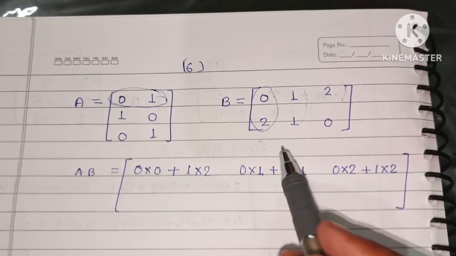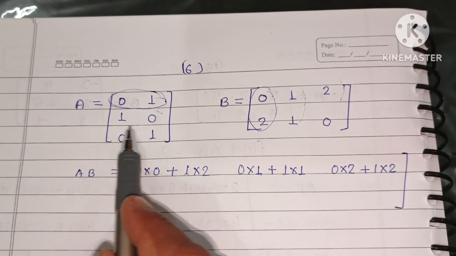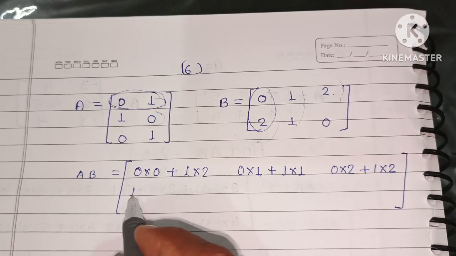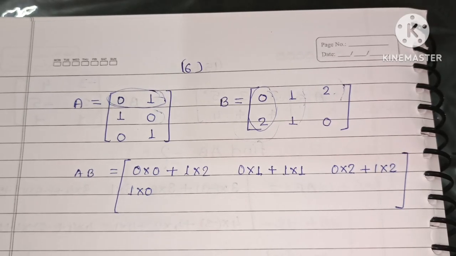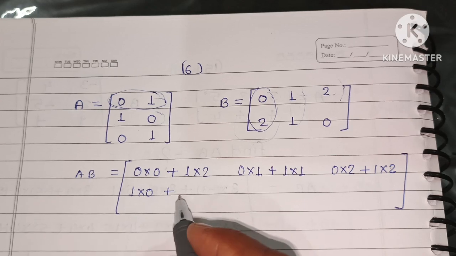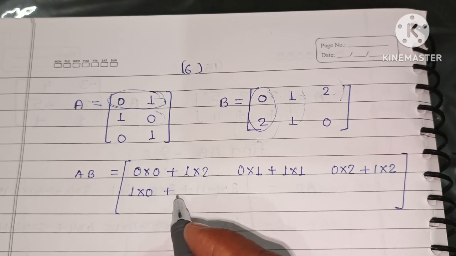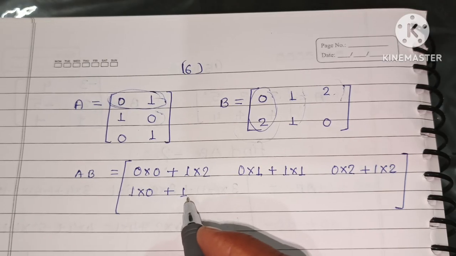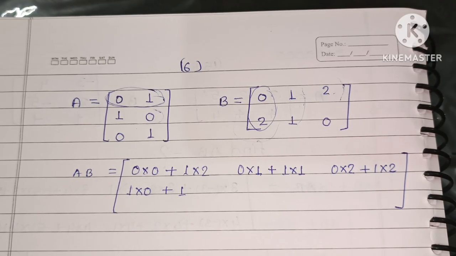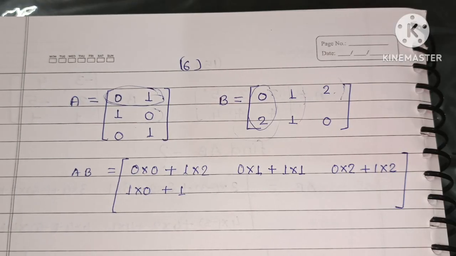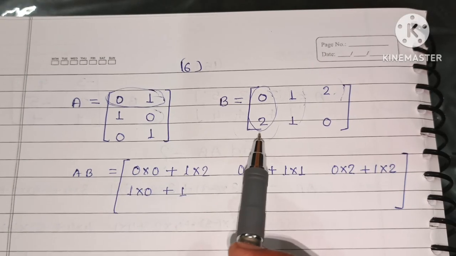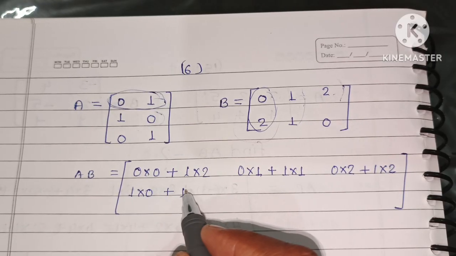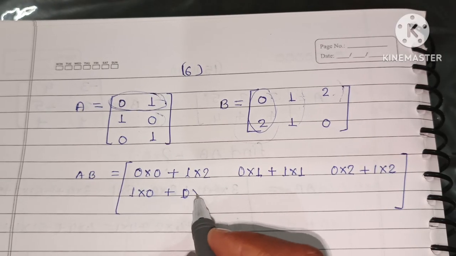Now next, once again, this row will be multiplied by this column, so that is 1 into 0 plus 1 into 2.